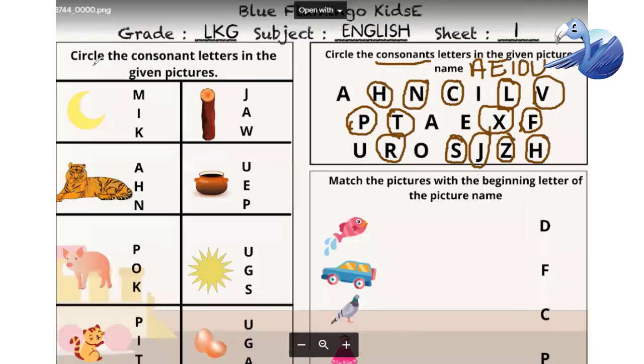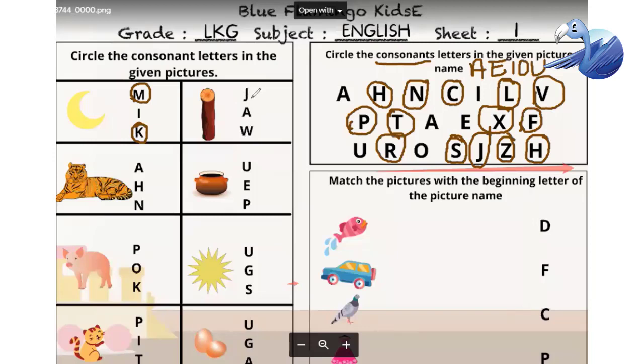Okay, now here students, in the second part, you have to circle the consonant letters in the given pictures. The first one is M, I, and K. So in these 3 letters, students, which are the consonants? M, K. So you have to circle M and K. Now, the next one is J, A, W. So you have to circle the consonants in it.